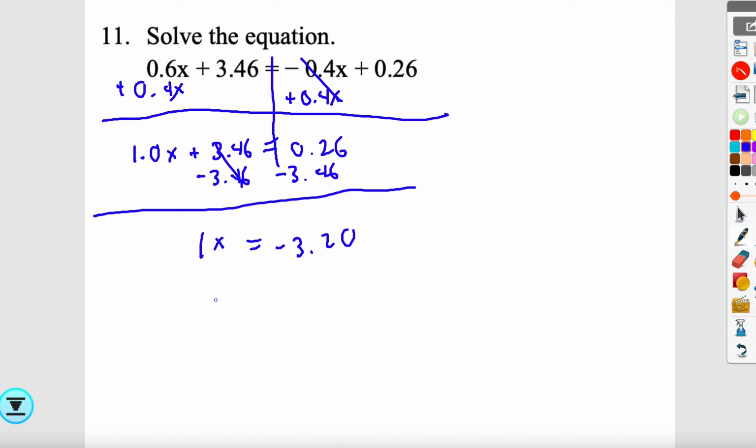So then we get x equals negative 3.20. And we're done.